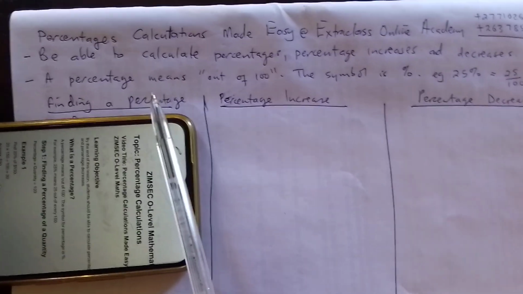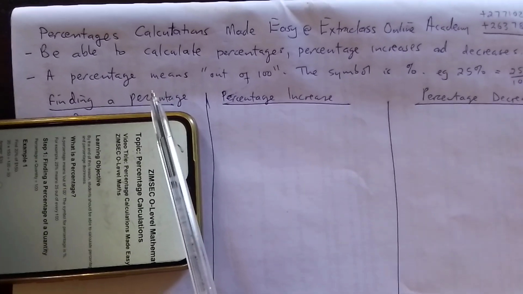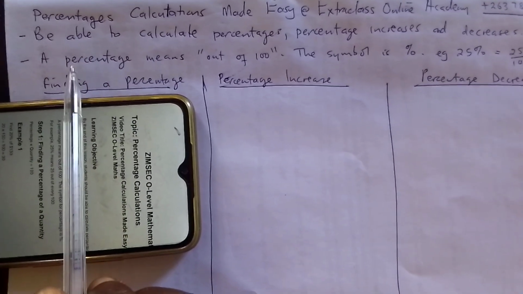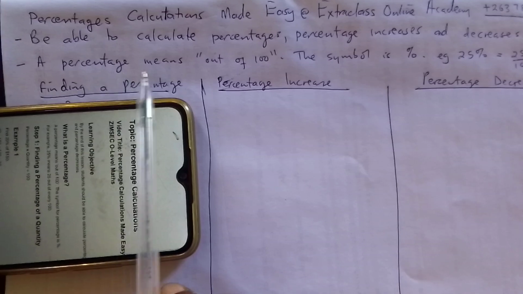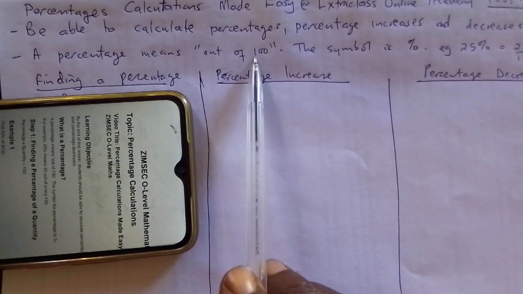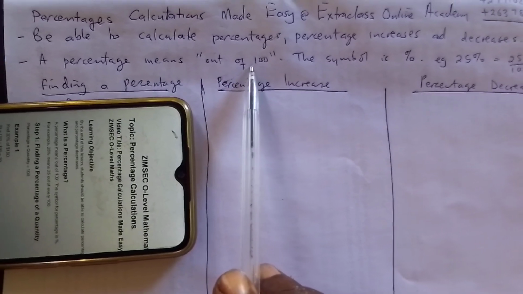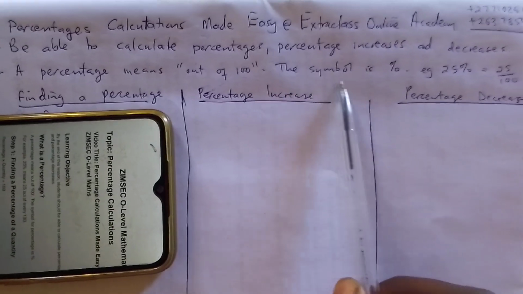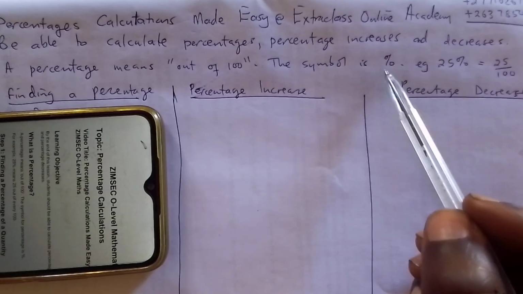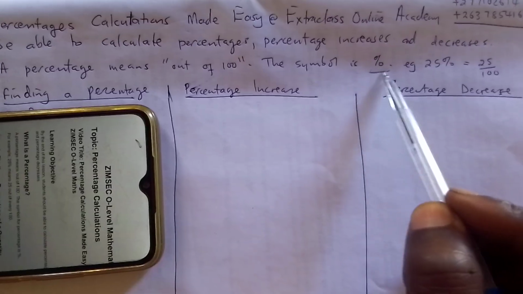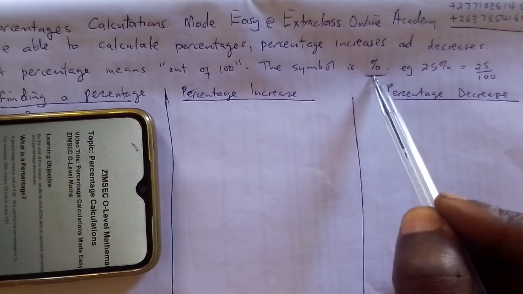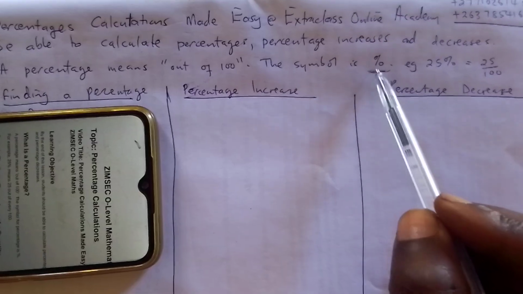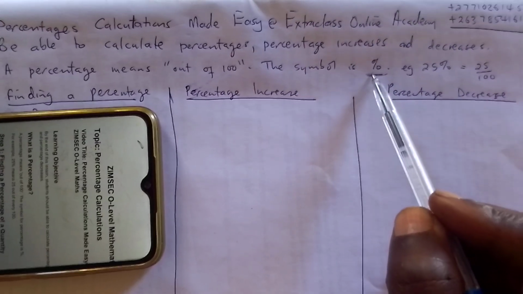Now, before we get started, I also want you to understand what we are learning today. So what is a percentage? A percentage means out of 100. Now, when we are dealing with percentages, we use a symbol. Wherever you see this symbol, it means it is a percentage.